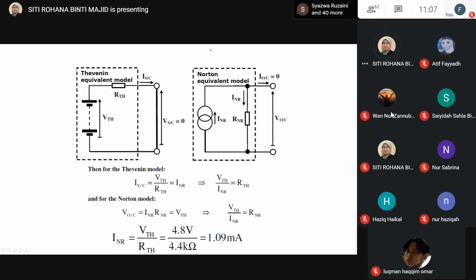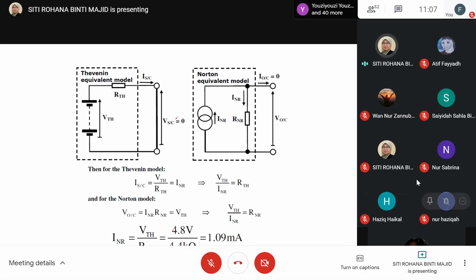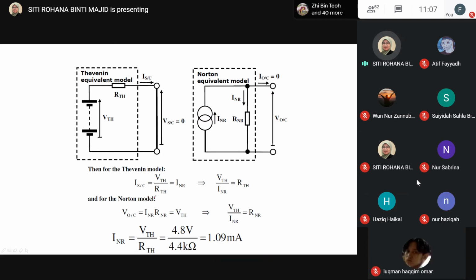This one is a Thevenin equivalent model, in which we have RTH and VTH here. When we have a short circuit, the voltage would be 0. And for the Thevenin model, we will have ISC equals VTH over RTH, which refers to Norton.